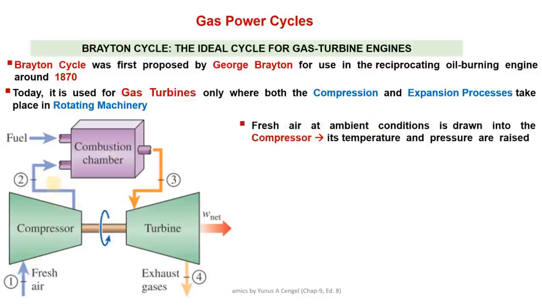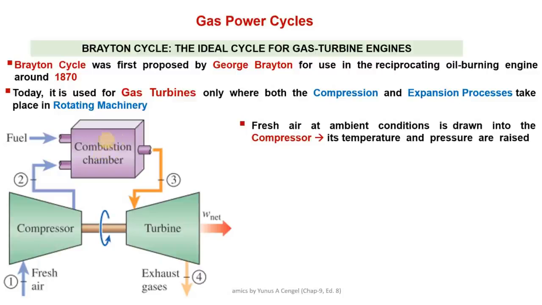Next, the high pressure, high temperature air is now entering into a combustion chamber, where fuel is sprayed over this compressed air whose temperature and pressure is already higher. Now this fuel will burn due to the presence of this air.